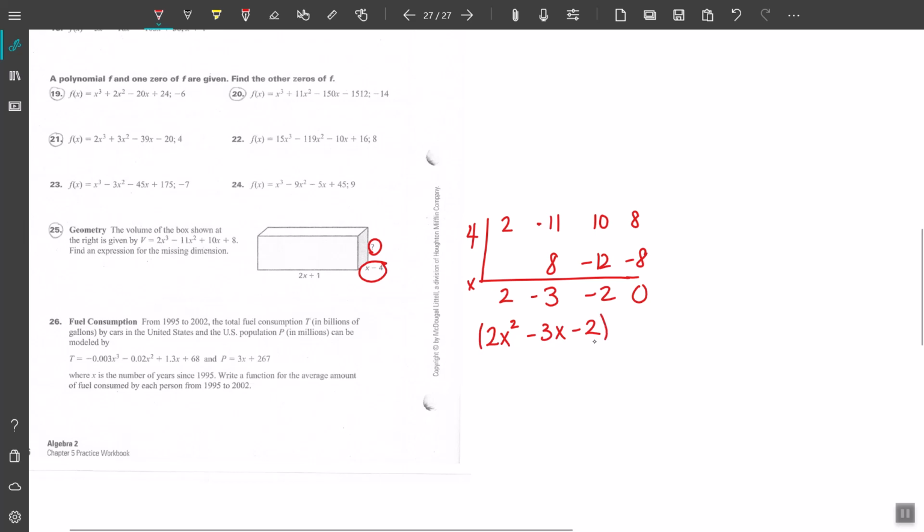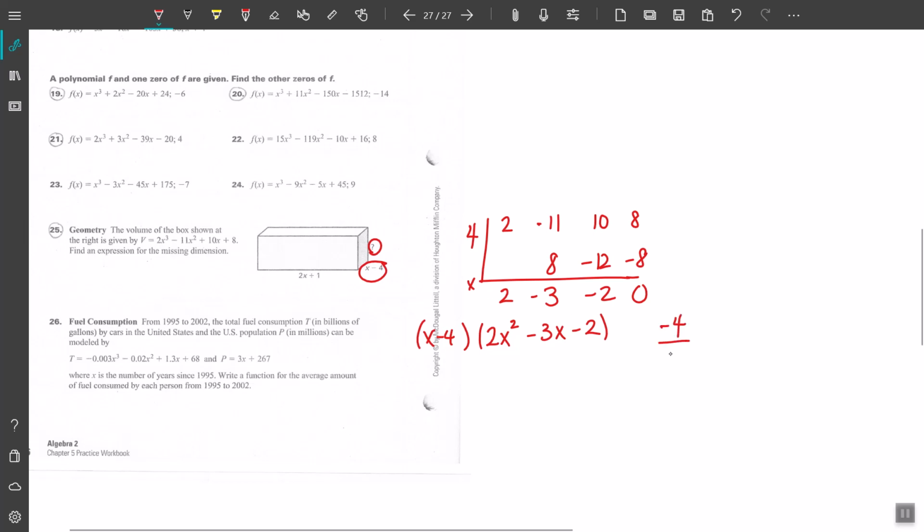So here's one of the factors, and I can't forget that I divided by this x minus 4, okay? And what I'm going to need to do here is factor this out so that I can get the two binomials that multiply together for that. So this lead coefficient is not 1, so I'm going to multiply 2 and negative 2 together to give me negative 4.